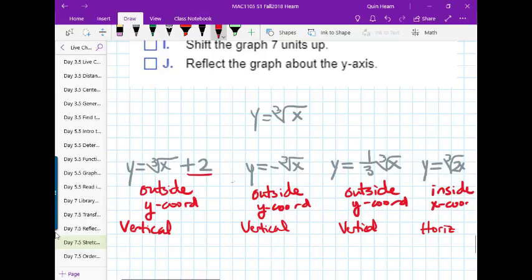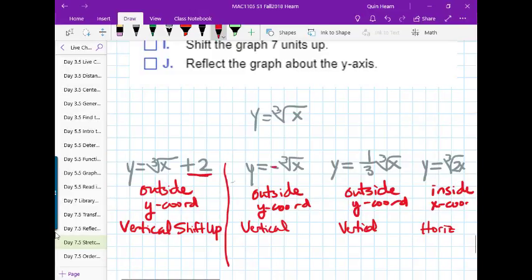Then you look at the operation, plus 2. If you're adding 2 to every y coordinate, what kind of vertical change is it going to be? It's going to be a vertical shift upward by 2 units.